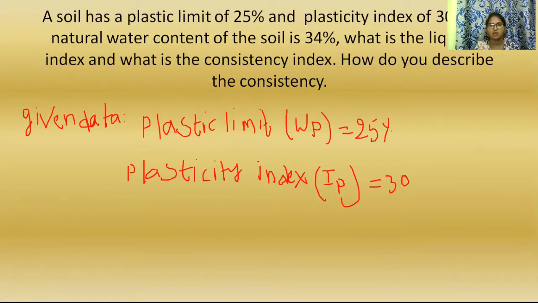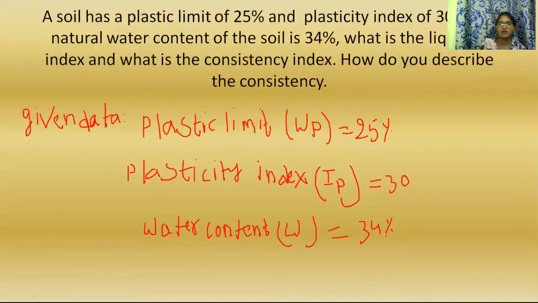If the natural water content of the soil is 34%, natural water content W is equal to 34%. Any other data is there? No.